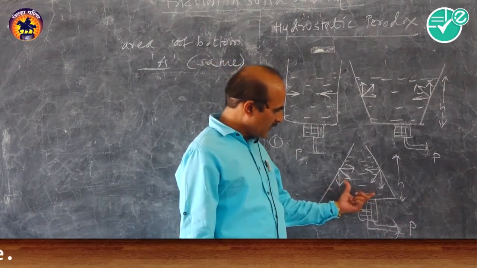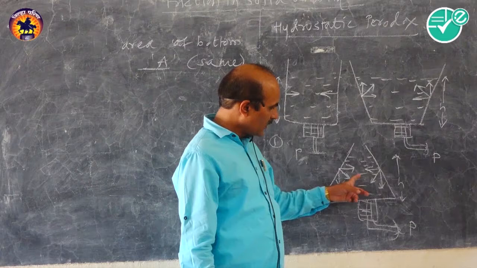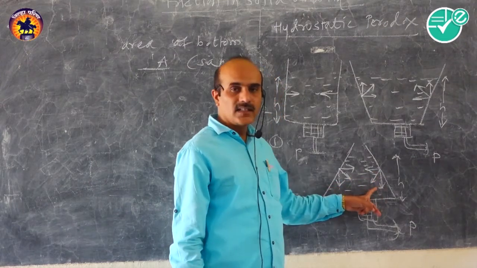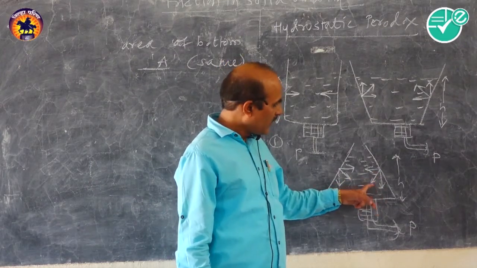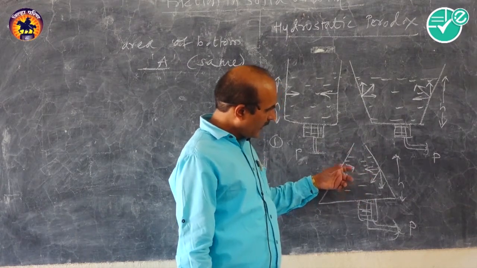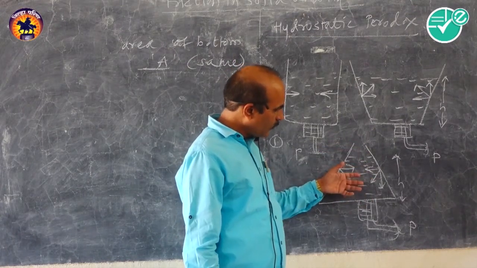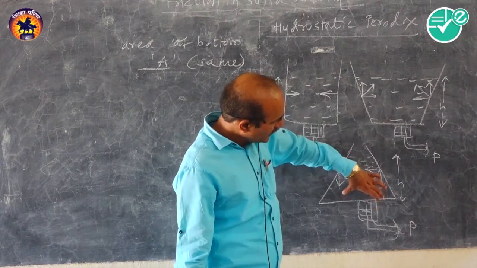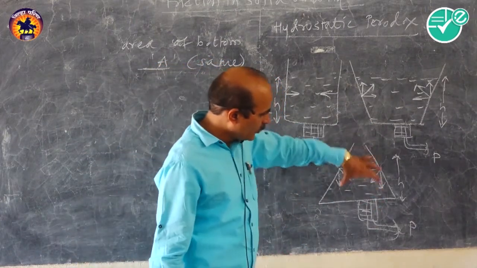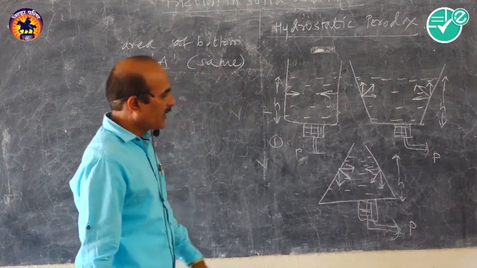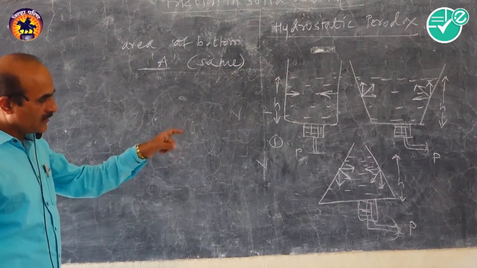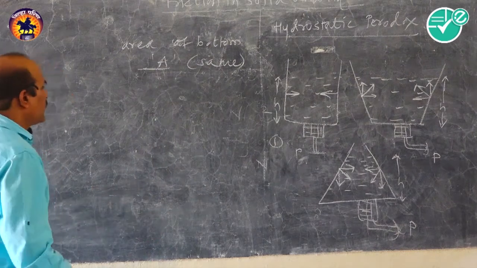And in the third vessel, you can see the resultant in the downward direction, therefore the vertical component is in the downward direction. This liquid has a lower weight, but there is a resultant in the downward direction, and therefore the pressure is balanced by this.